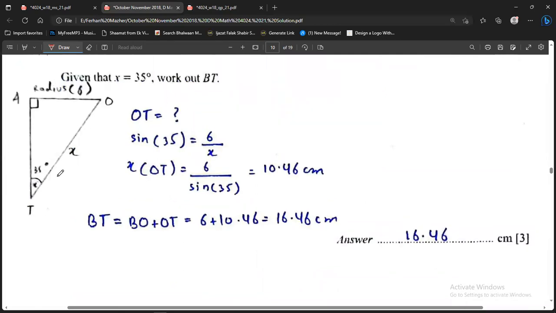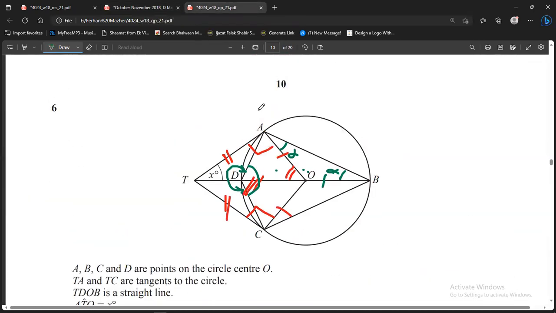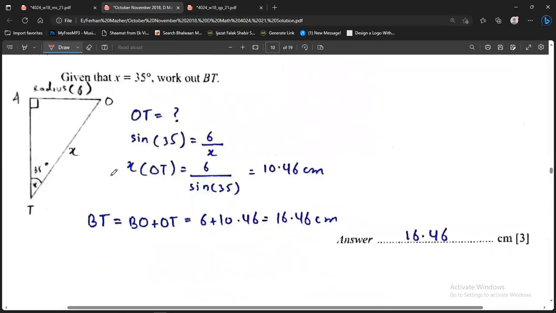So 6 is the radius. So we have taken out the triangle OAT. Why I have taken the triangle OAT? Let me show you. OAT, this angle here is 90. So we will have sine 35 here, and that's 6. So sine 35 will be perpendicular by hypotenuse.